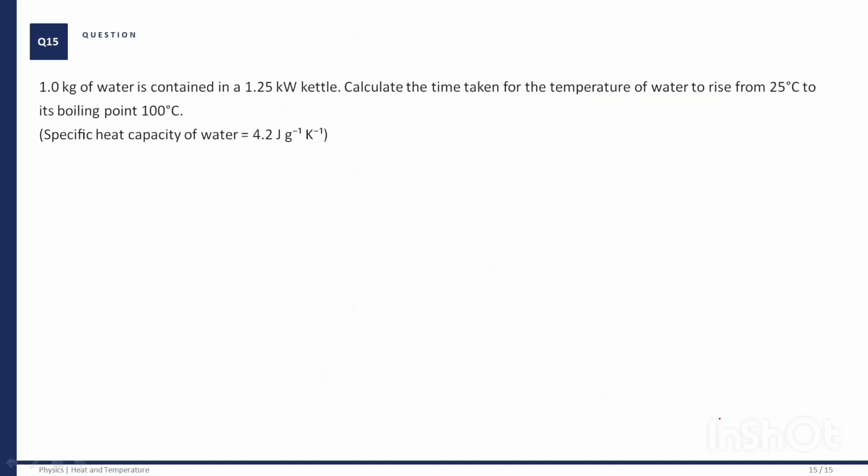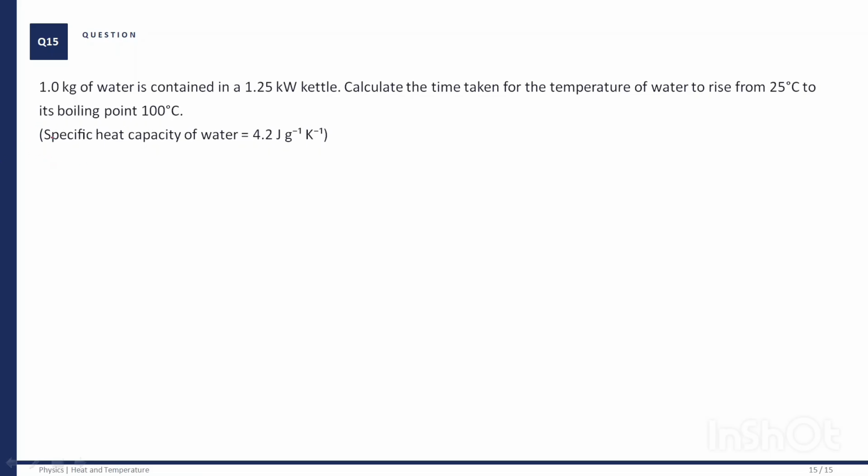1 kg of water is contained in a 1.25 kilowatt kettle. Calculate the time taken for the temperature of water to rise from 25 degrees Celsius to its boiling point 100 degrees Celsius. The specific heat capacity of water is given. Of course, this we have done already.